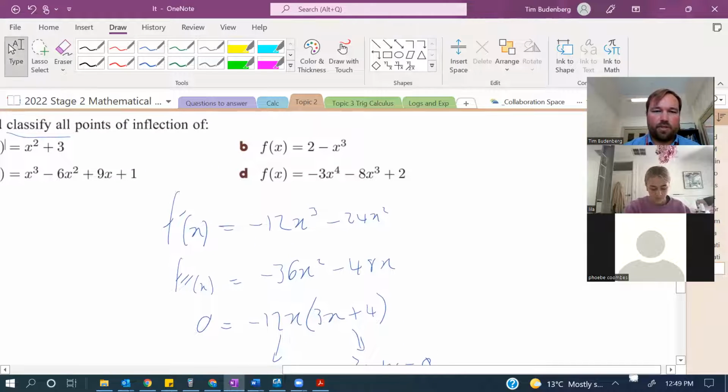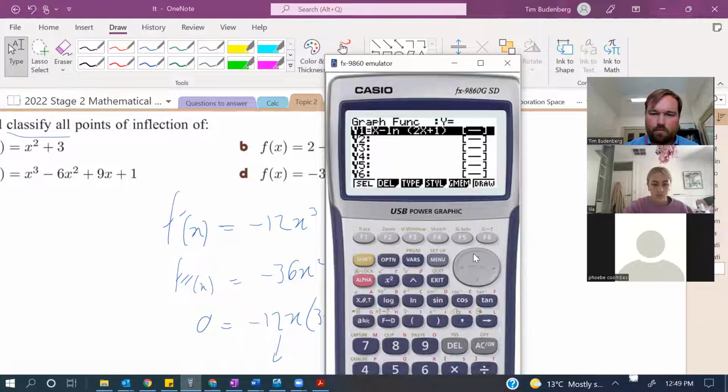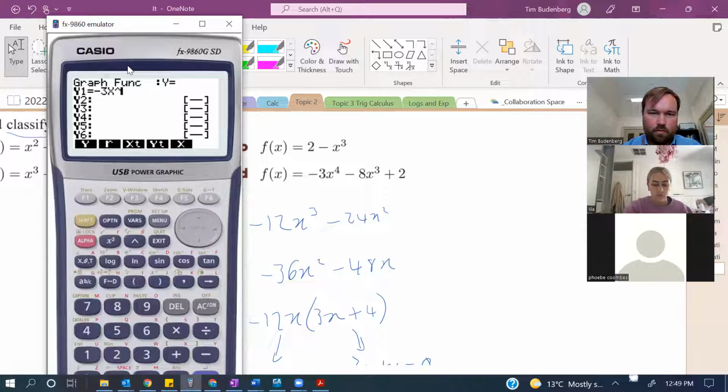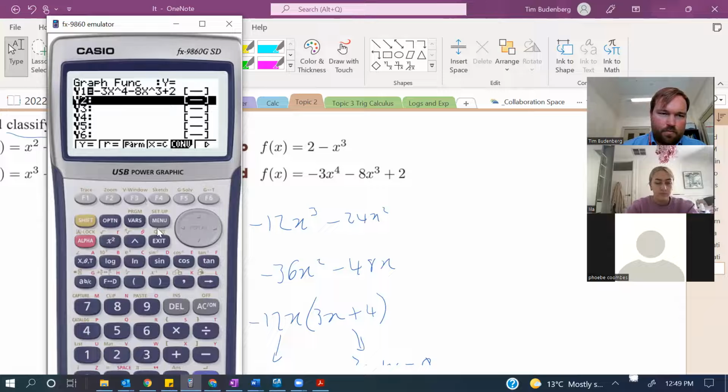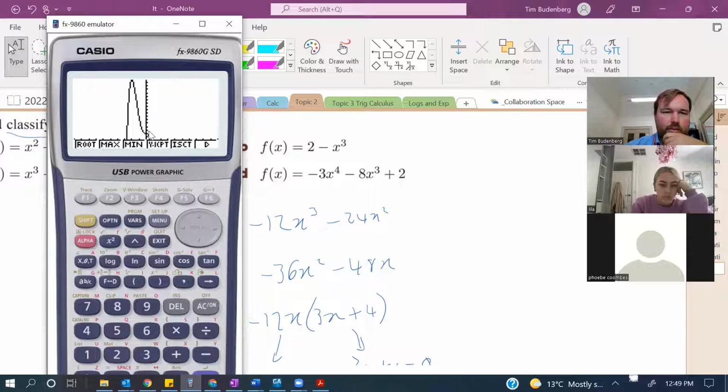I'll graph the original function because often you can see it from the original one. All right, if you look there, I know it's kind of hard to see, but you see how here it's completely concave down.